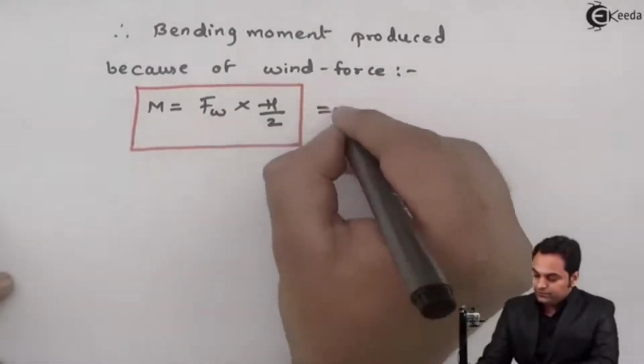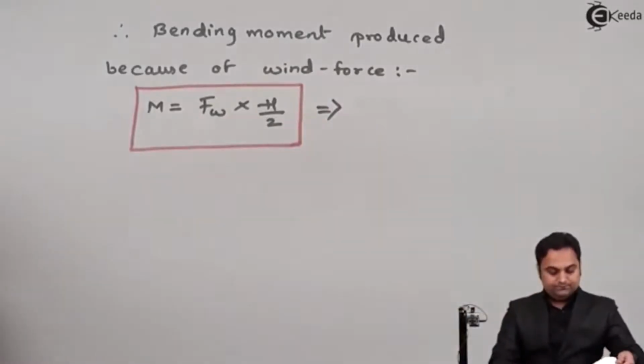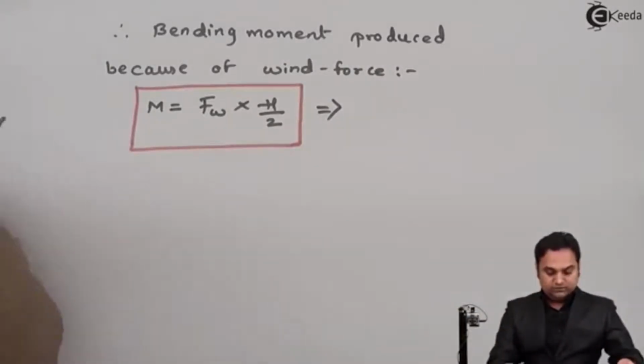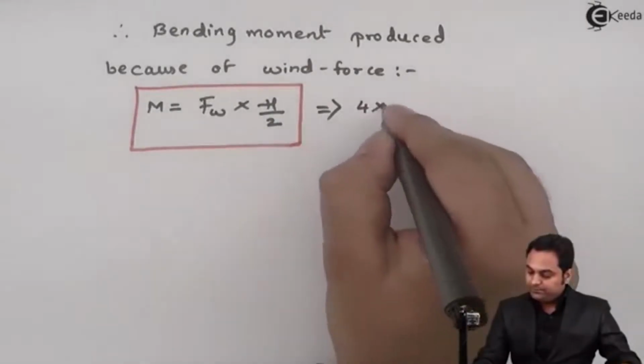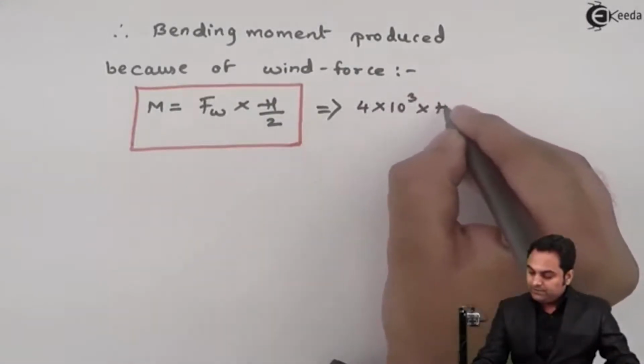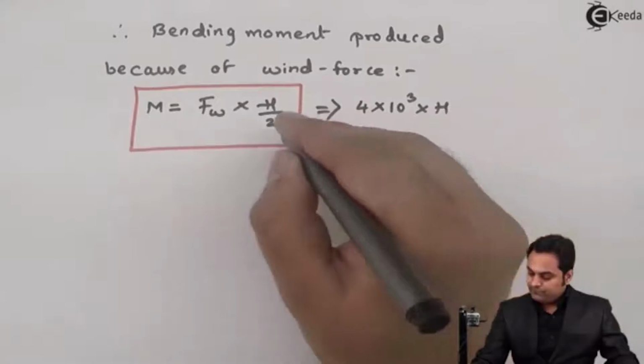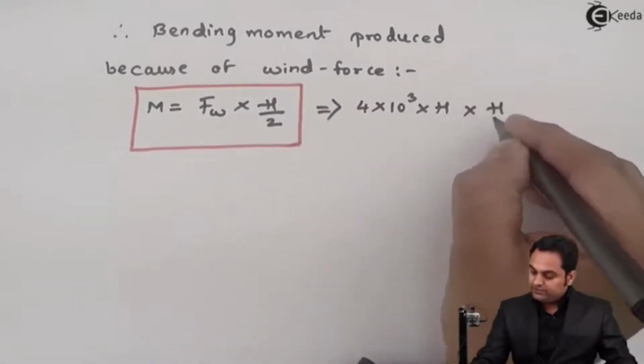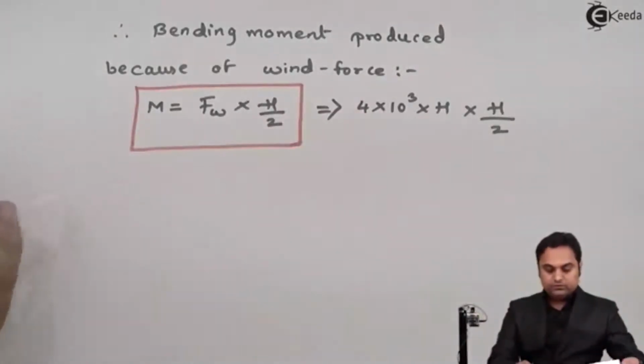So here wind force was 4 into 10 raised to 3 multiplied by h, and here I have into h by 2.